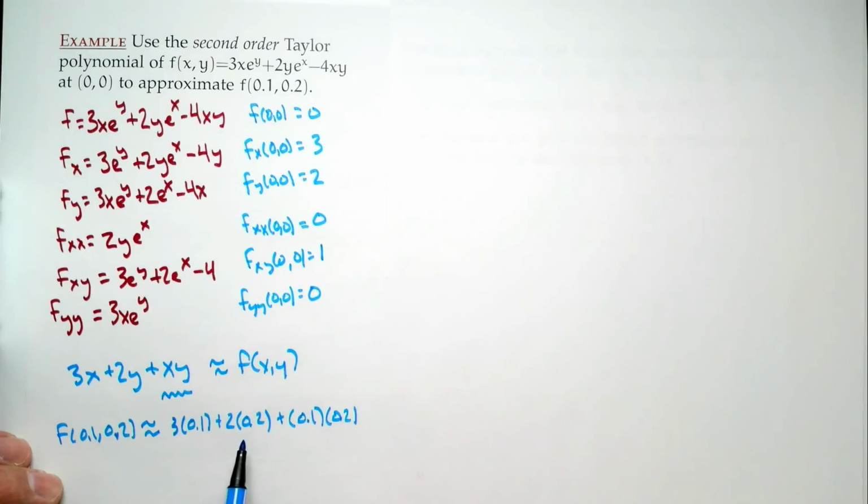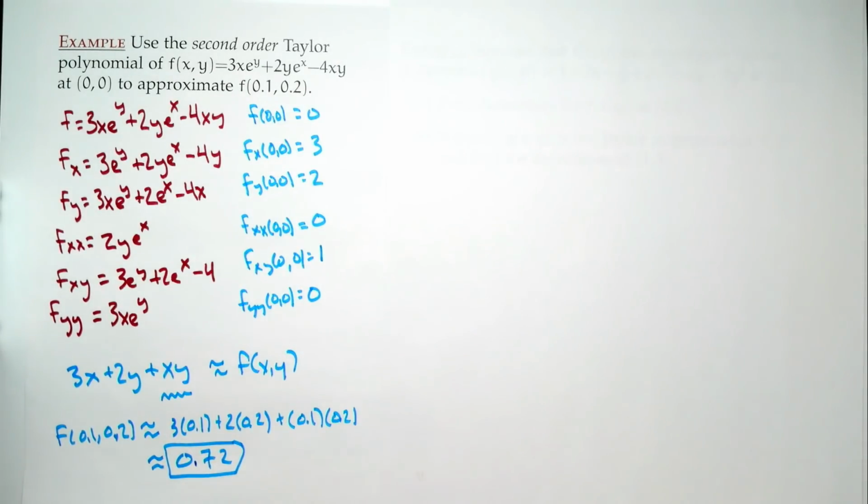So 0.3 plus 0.4 is 0.7. And what is 0.1 times 0.2? 0.02. So it'll be 0.72. So that's what we have. What's the real answer? I don't know. But it's about 0.72. That's what I know because we're using calculus, and that gives us a good approximation.